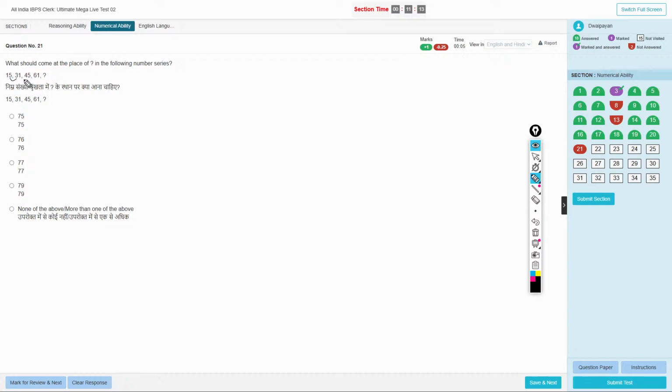Okay, so 16, 14, 16, 14, like that. Is it even a pattern? I doubt, but okay, let's go with it. Divided by 2 plus 1, divided by 2 plus 2, divided by 2 plus 2, right?